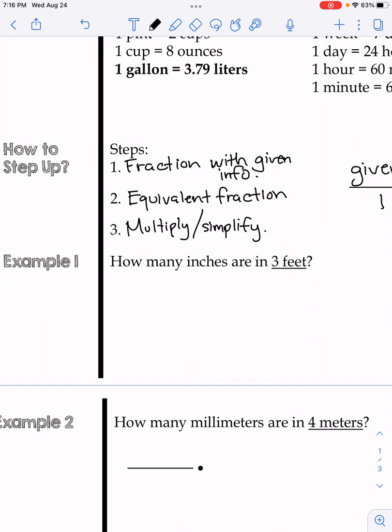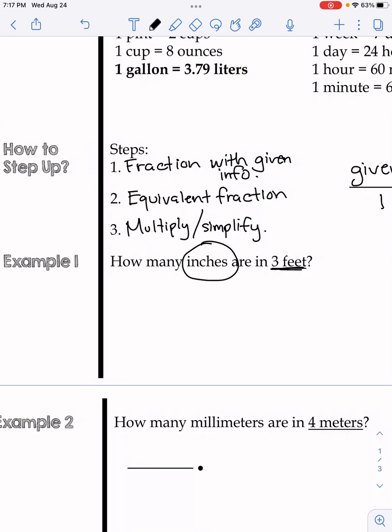How many inches are in 3 feet? Now, you can think about that. Hopefully we know the answer to that. 3 feet is 1 yard, so think about that yardstick. Maybe you're holding it. It's about waist level from the ground. So how do we set this up? What I would recommend is you underline what you're given and you circle what you want.